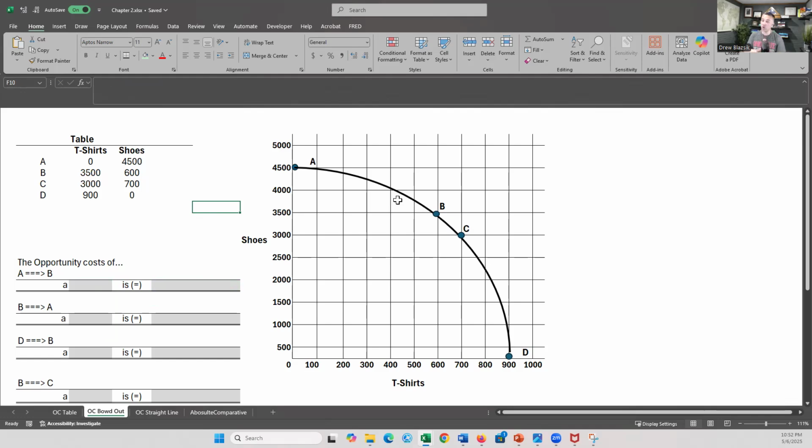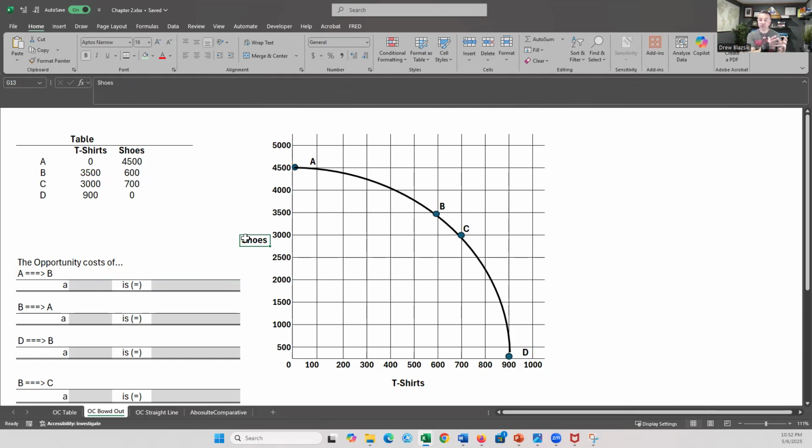Okay, one other note I want to make about it. This video is a little longer than I wanted to go. The reason why you get bowed out curves is because you have specialization. And what does that mean? Let's say you have a bunch of workers that specialize in making shoes and they have no clue how to make t-shirts. If you pull them off the shoe line and you say you're going to work on the t-shirt line, they have no clue how to do it.